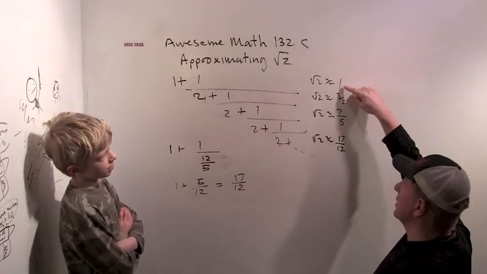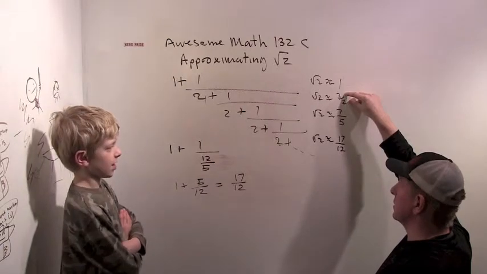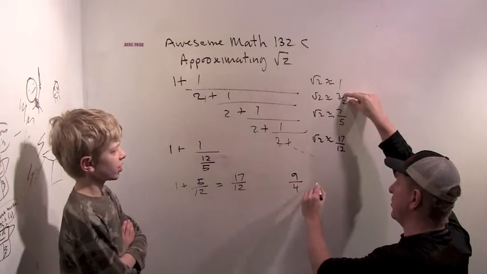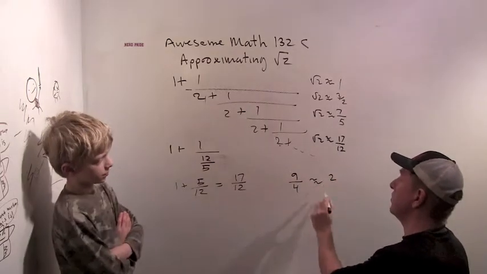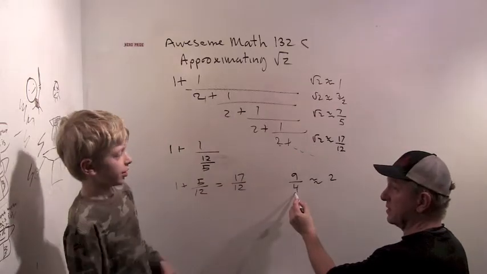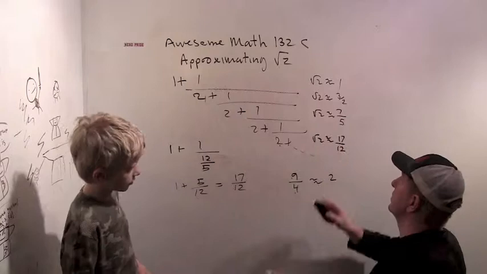Now I'm going to skip the first one. What happens when I square 3 halves? You get 2.25, or as a fraction, 9 over 4. Is this approximately 2? Well, 2 times the bottom is 8, so it's close to 2. What about when I square 7 fifths?